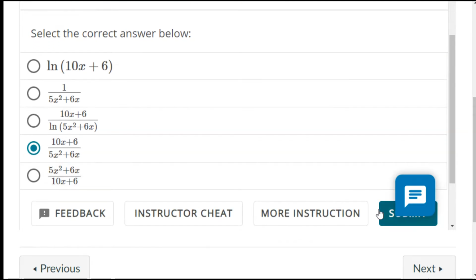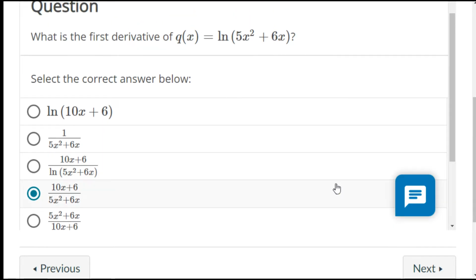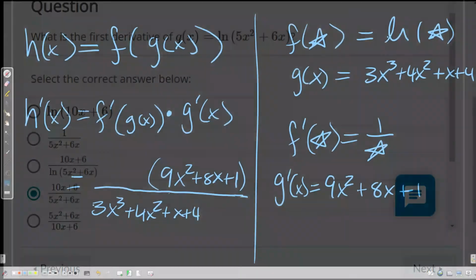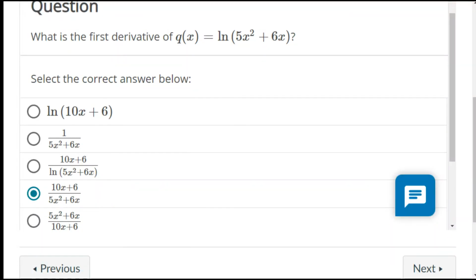These natural log ones are actually not that interesting. It's this exact setup where the natural log function is the f, and the argument inside the natural log is the g.